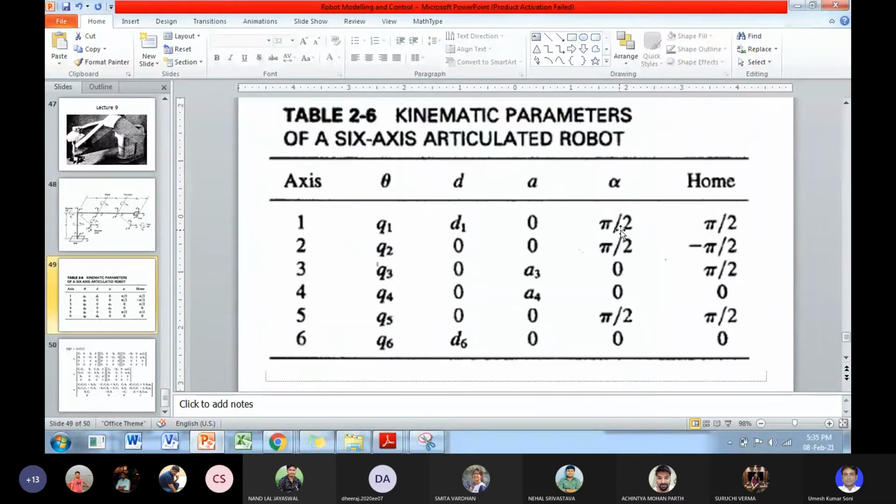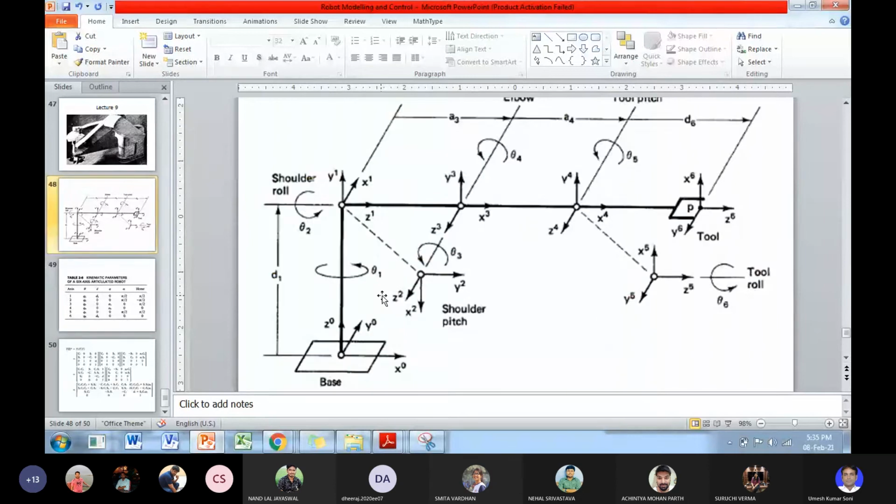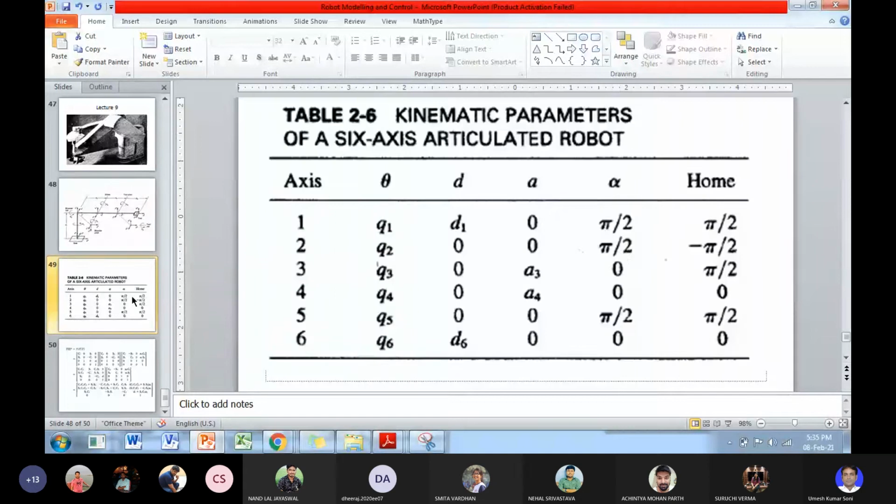So it has kept pi by 2. Now you see here the Z2 has rotated relative to Z1 by 90 degree. Z2 is 90 degree to the previous axis. So this value of alpha is pi by 2 here.